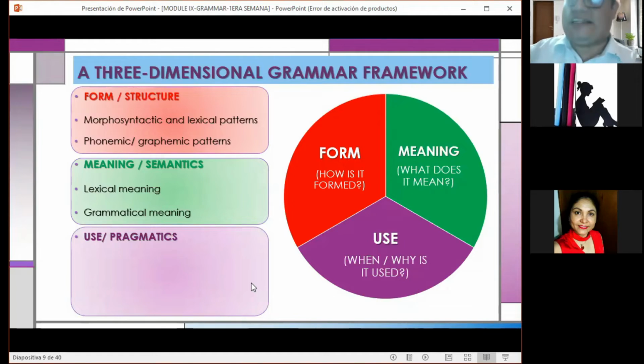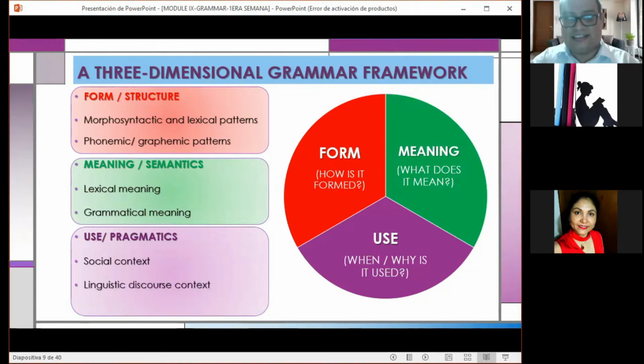The use, pragmatics. Let's go to the use and pragmatics. We have here the social context, linguistic discourse context, and presuppositions about context. So it's related to the context: the language we are going to use in different contexts. That's what the question says: when and why is it used? When do you use that structure? Why do you use that structure or pattern?